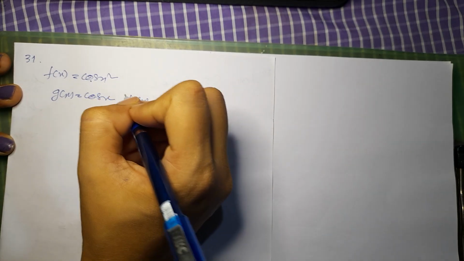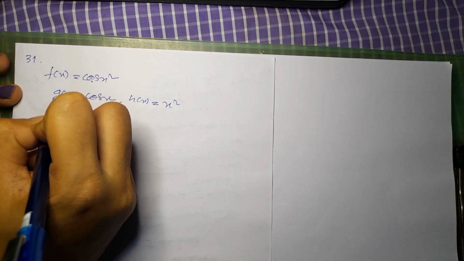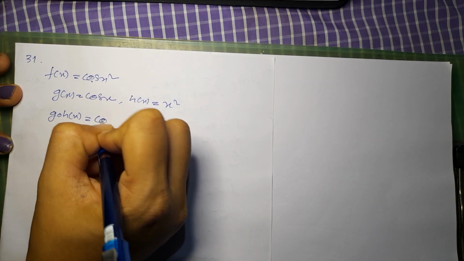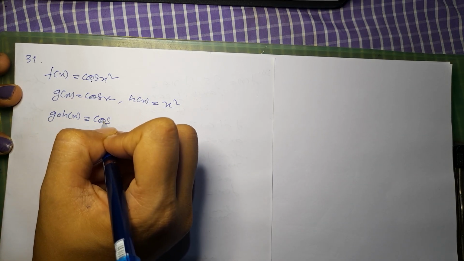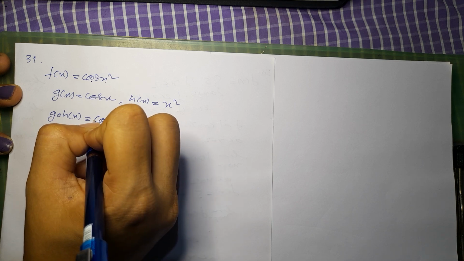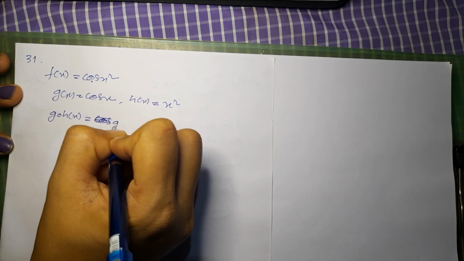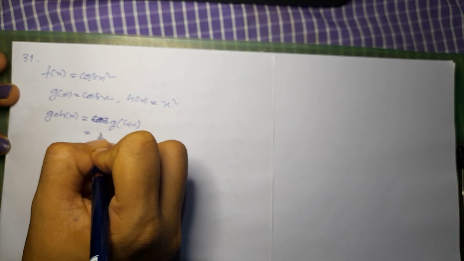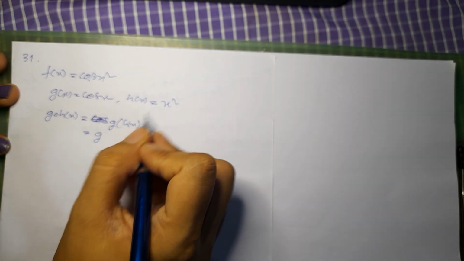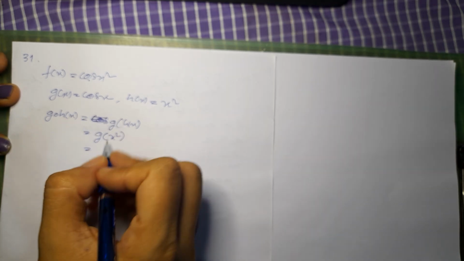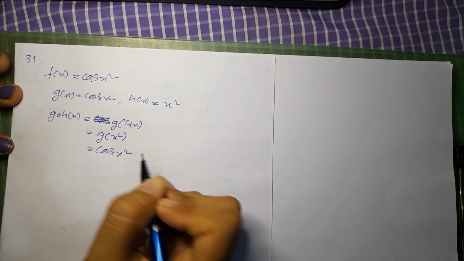So both are continuous, therefore g of h of x will give cos of h of x, and h of x is x square. Now g is the cos, so it will give cos x square.